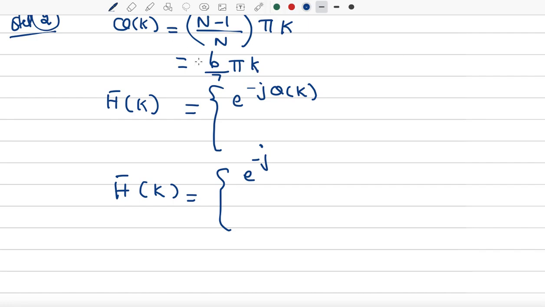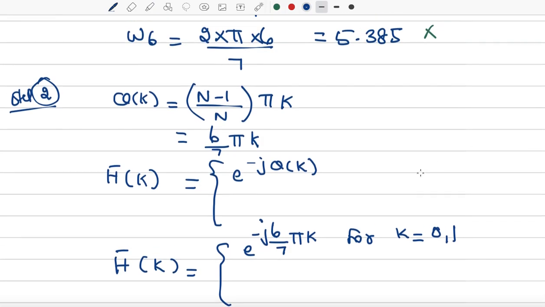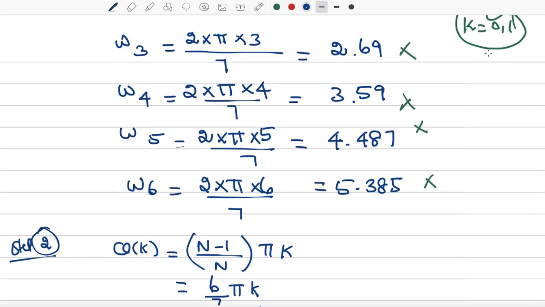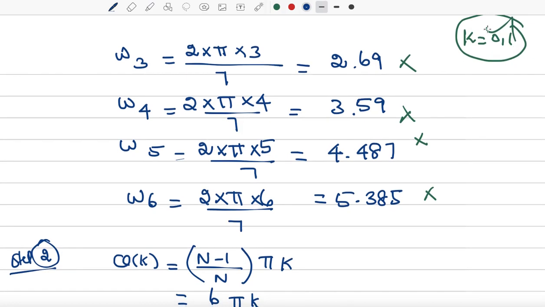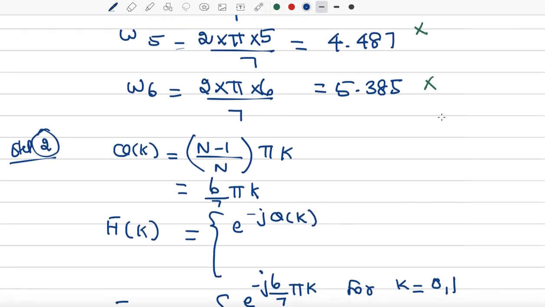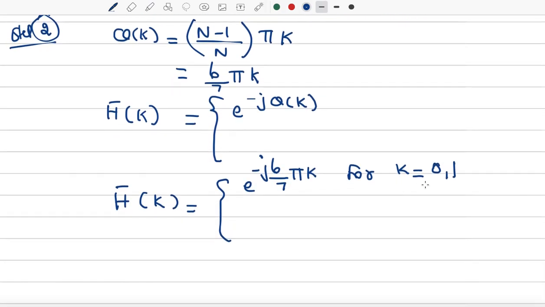We know theta of k equals 6 by 7 pi k for k equal to 0 and 1. Why? Because for these values it will allow only k equal to 0 and 1.